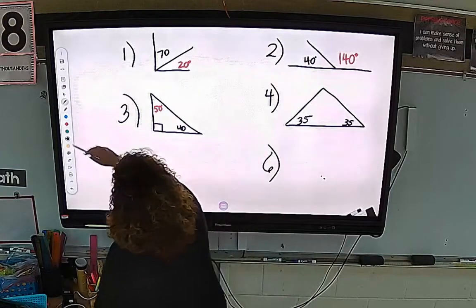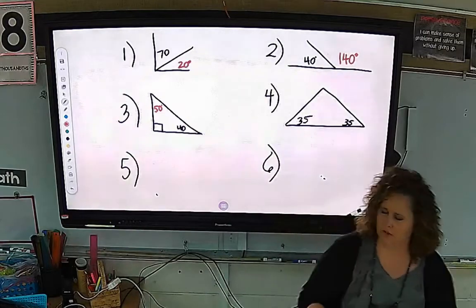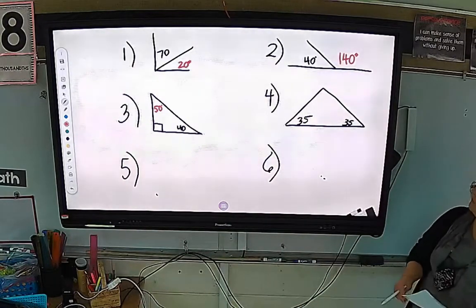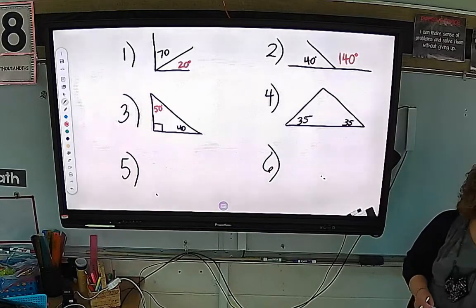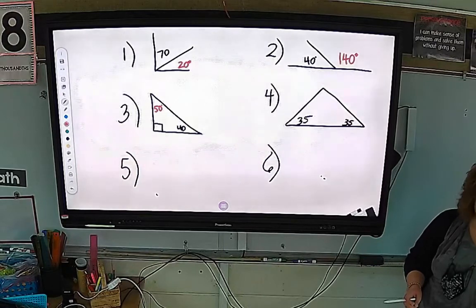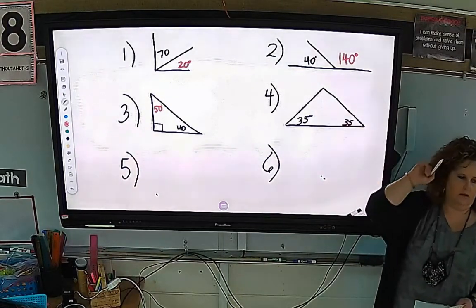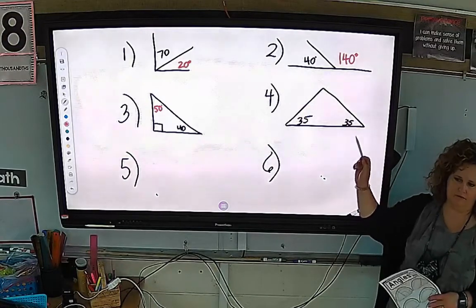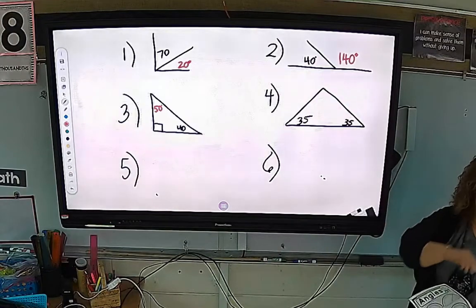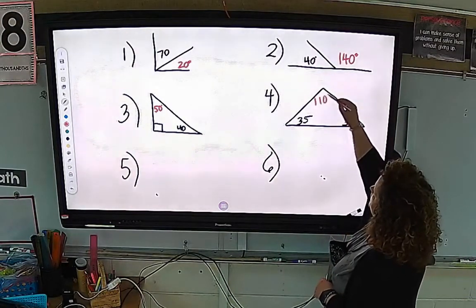So what are we going to get for a total? Brandon, if we take 35 and 35 away from 180, what are we going to get? No, because the whole thing together is going to equal 180. All right, what is 35 plus 35? 70. Take 70 away from 180, and what are you going to get? 110.